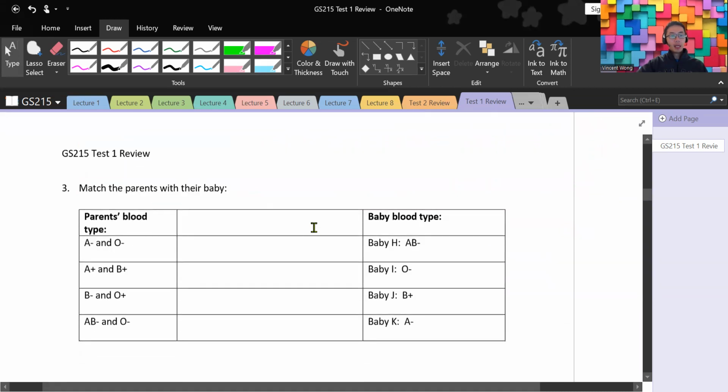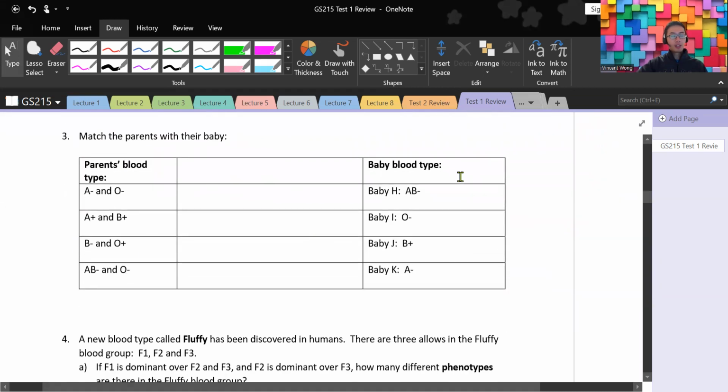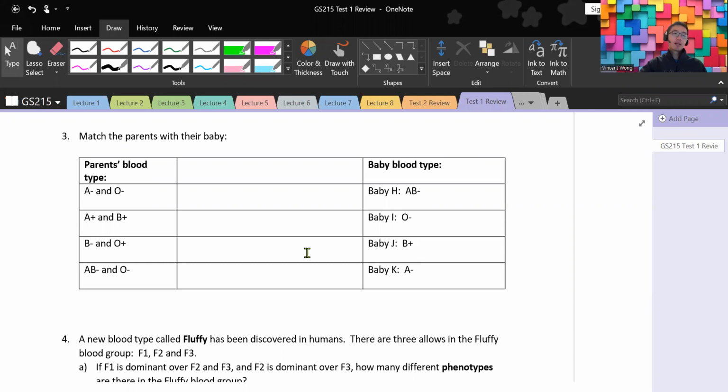Okay. Parents, blood type on the left here, some babies here on the right. Has anyone tried this question already? Okay, why don't you take a moment and try it? I'll give you maybe 2 minutes or so. Have a look at it, and then we'll take it up.